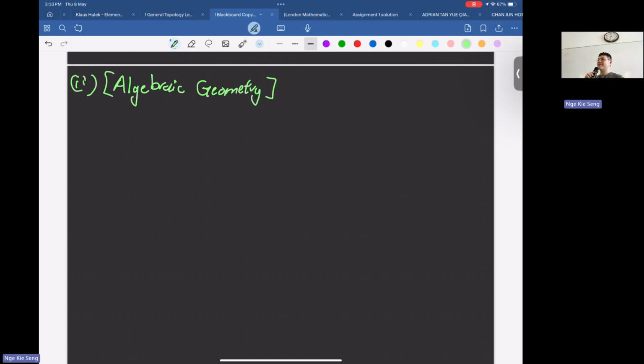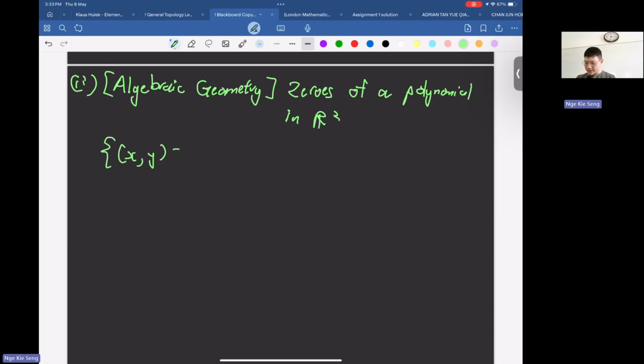An algebraic set. So what's an algebraic set? Zeros of, let's just talk about one polynomial. For example, all the (x, y) such that y equals x squared.